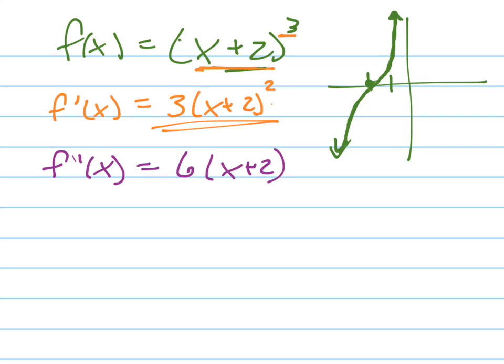If I set this equal to 0, it's going to be -2, which tells you that -2 is the point you want to use to determine where it's increasing and decreasing. And -2 also is going to be the solution for this one, which means it's going to tell you where it's concave up and down.